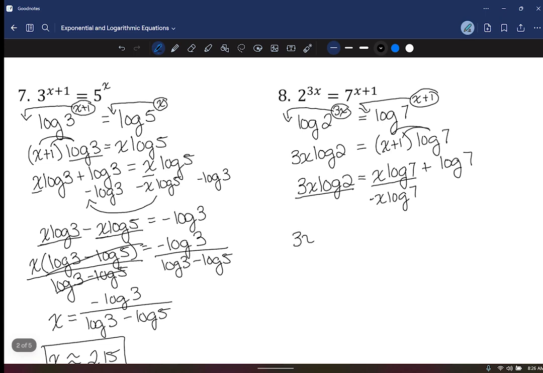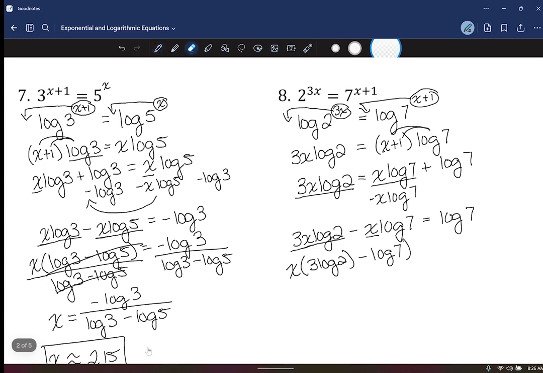So I have 3x log 2 minus x log 7 equals log 7. I'm going to factor out the part that's common, which is just the x. So factor out the x. That means here that would leave me with 3 log 2 minus log 7.